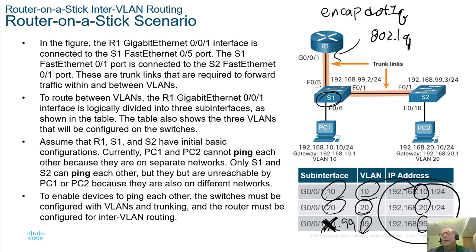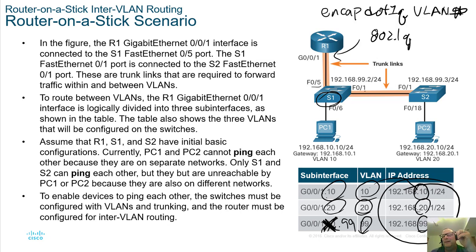So you're going to do encap for encapsulation, and then dot, you write out the word dot, whoever does that, 1, and then q, and then you're going to put in the VLAN number after that.